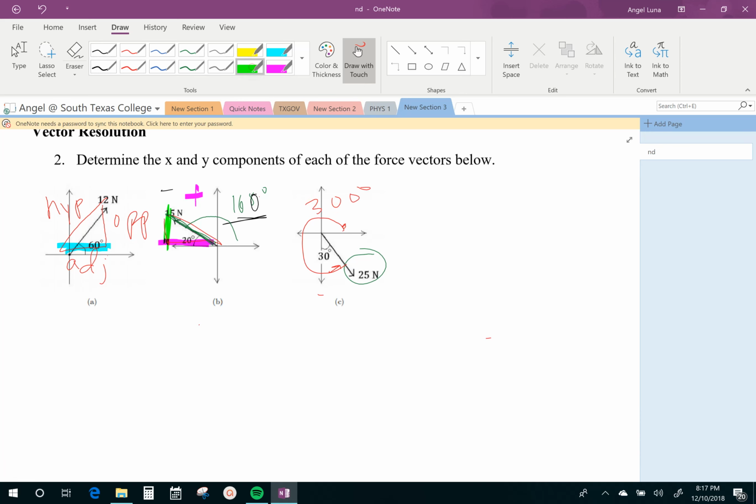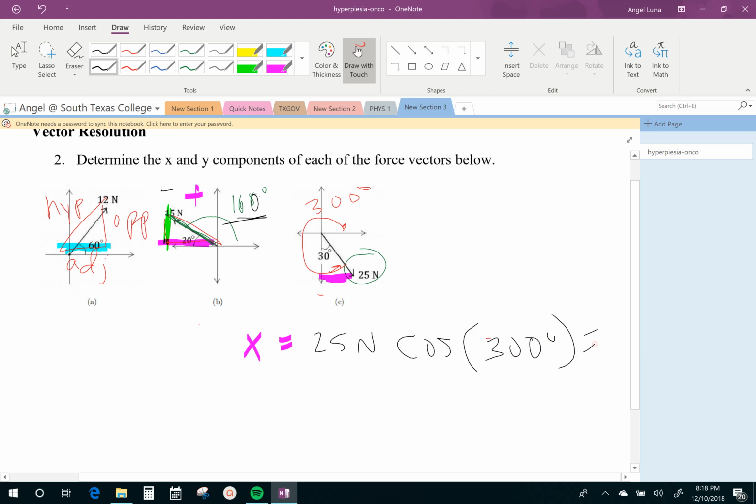So, looking for the x component, we're going to get the magnitude of the vector multiplied by the cosine of the angle. That's going to equal 12.5 newtons.